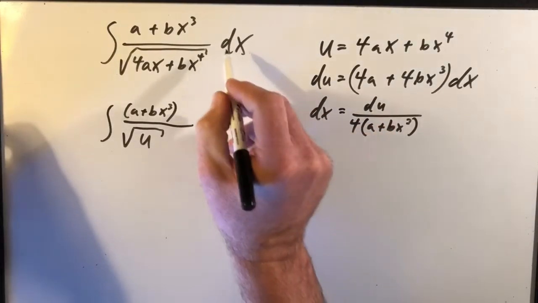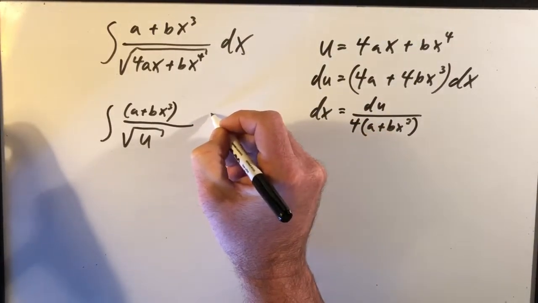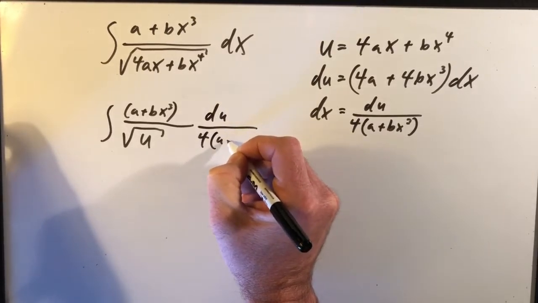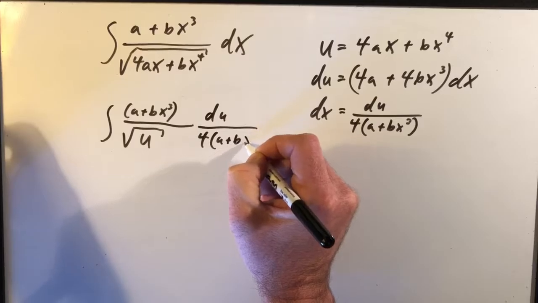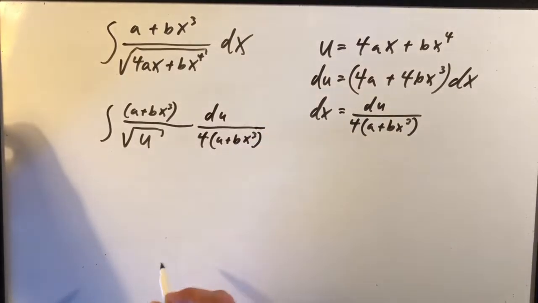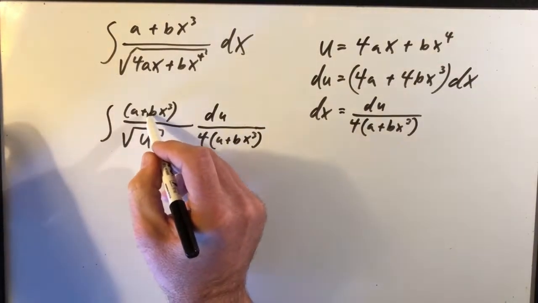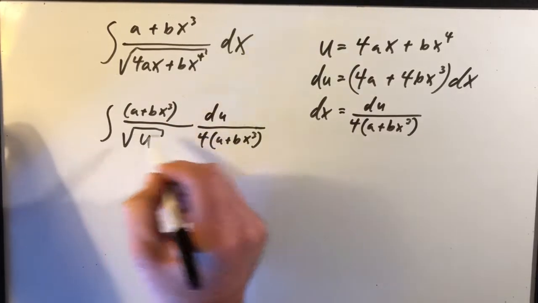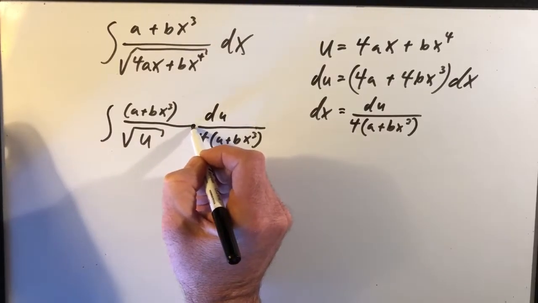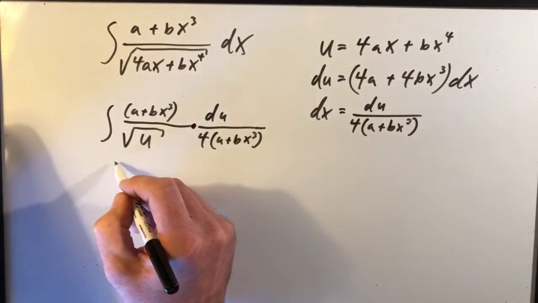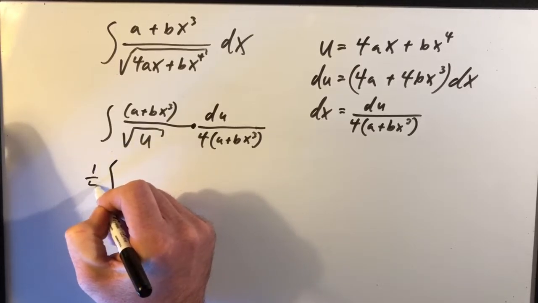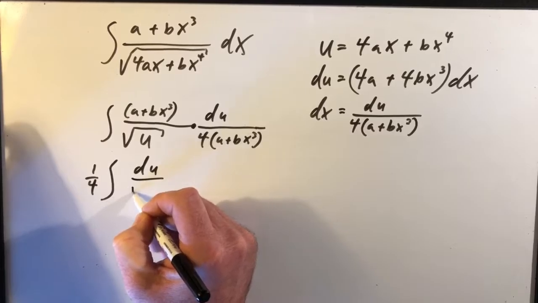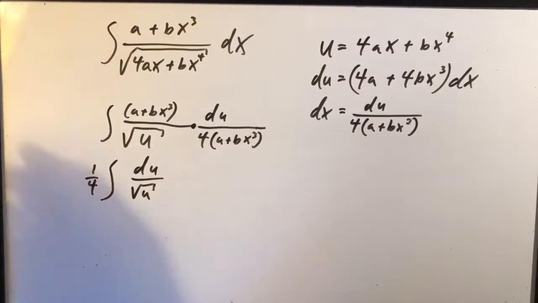And now we're going to substitute that dx for what we found here, so du over 4 times a plus bx to the 3rd. You can see the next step is we're going to cancel those 2 out, and we're going to carry the 4 to the front. This is a multiplication, not an addition. So the 1/4, and we're left with du over the square root of u.